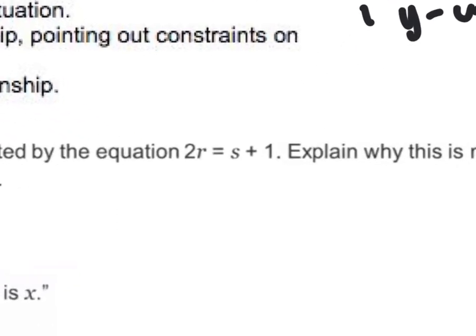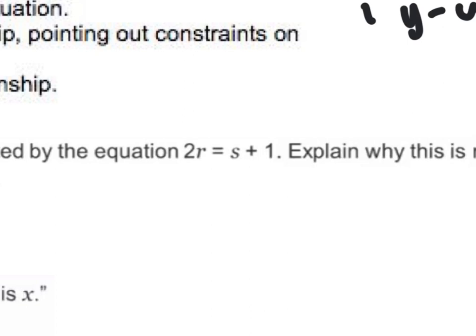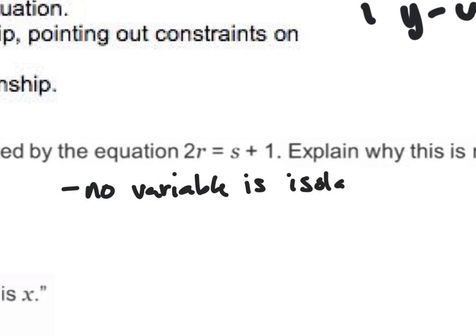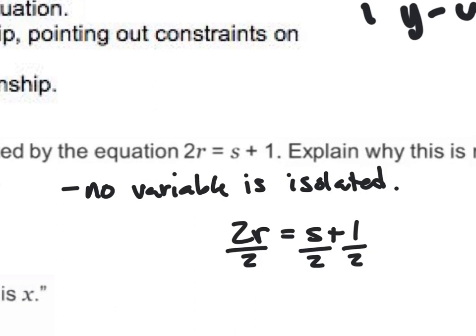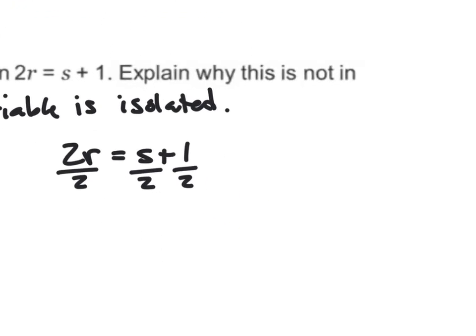Okay, so here's what you've got. First of all, number one is that no variable is isolated. Okay, but if I took 2r is equal to s plus 1 and divided everything by 2 and solved this for r, then I would get that r is equal to 1/2 s plus 1/2.